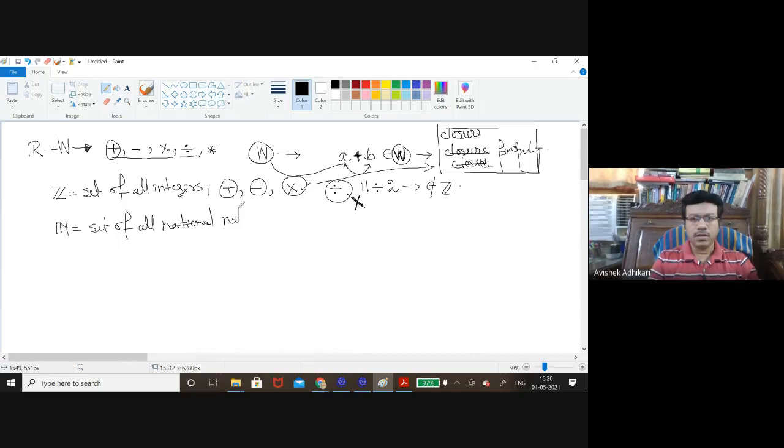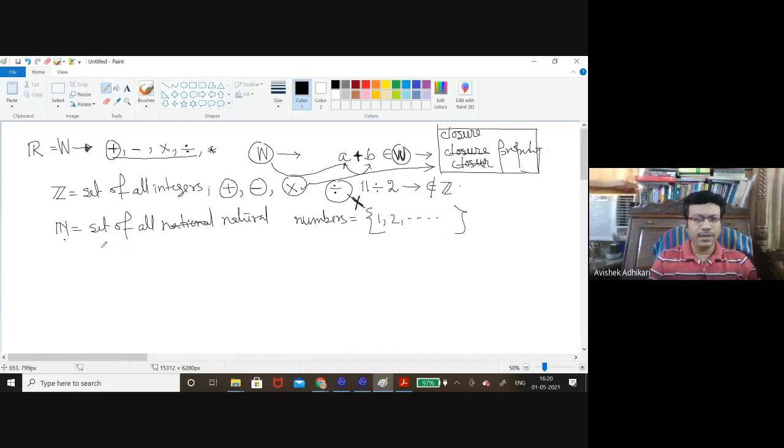Few of the authors start with 0 and few of the authors start with 1, 2, etc. That means the set of all positive integers. Few of the authors include 0 within this set of natural numbers. It depends. So for my case, I assume that N means the set of all positive integers, that means 1, 2, etc.